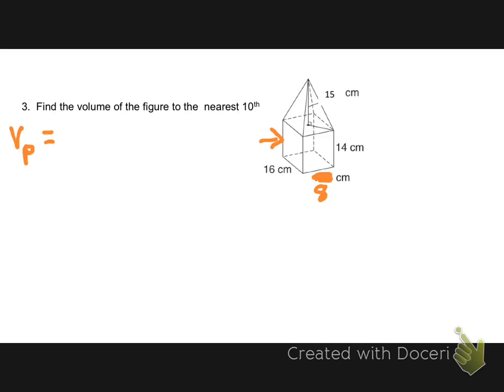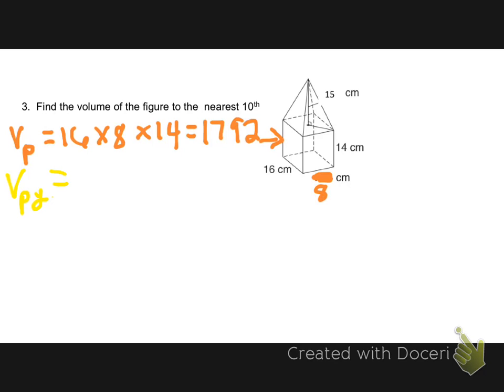I don't want to do something different. So we're going to take 16 times 8 times 14. So the volume of the prism is going to be 1,792. Okay, now the next thing you need to do is find the volume of the pyramid.